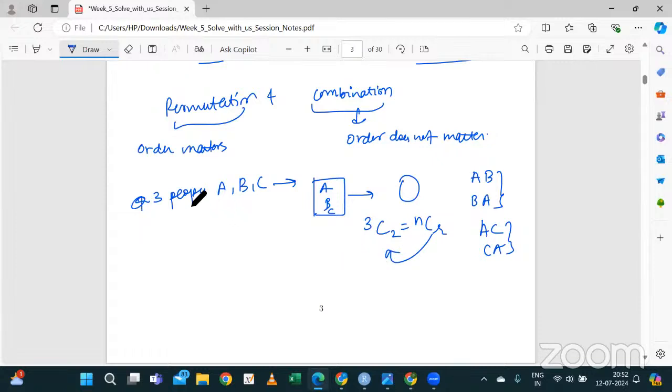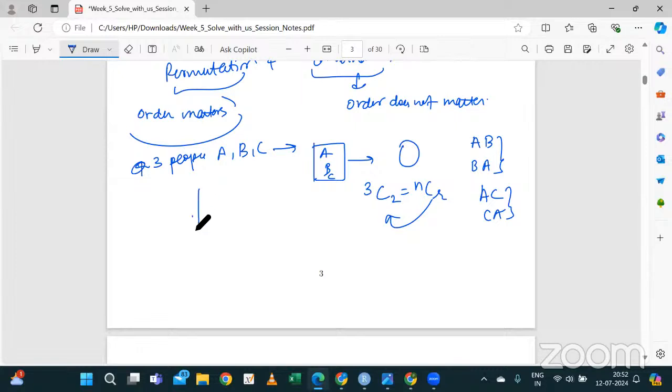Now, in case of permutation, order matters. Suppose you select 2 people out of these 3, and then make one person the president and the other the vice president.